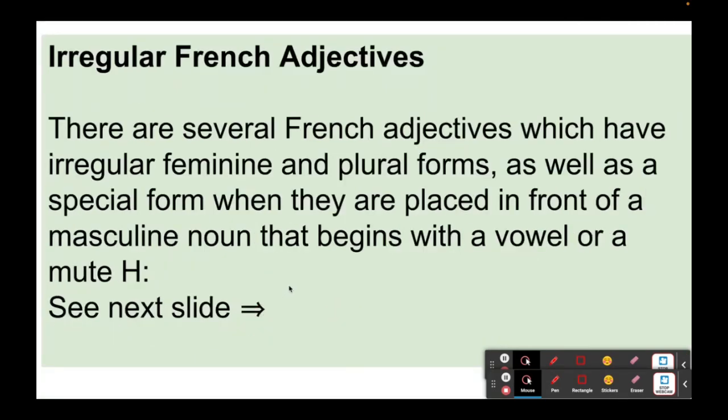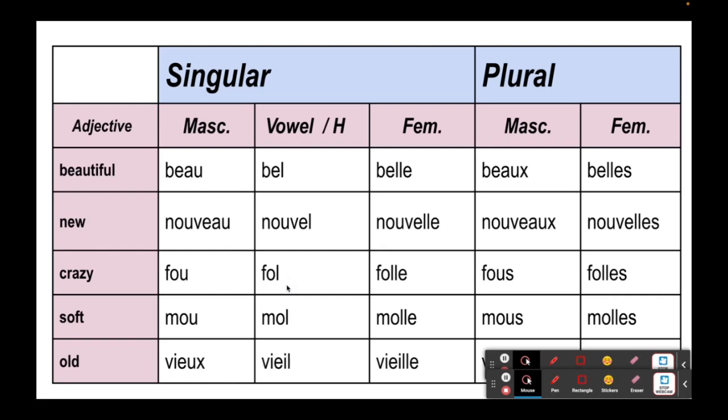So there are some irregular French adjectives, and I have a list for you that do not follow the rule that we just saw. So these are some of the irregular adjectives. I'm going to read them and we're going to see this next year too. This is just an introduction, but we will see this more next year.